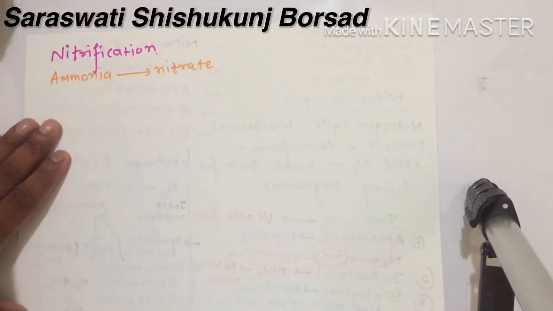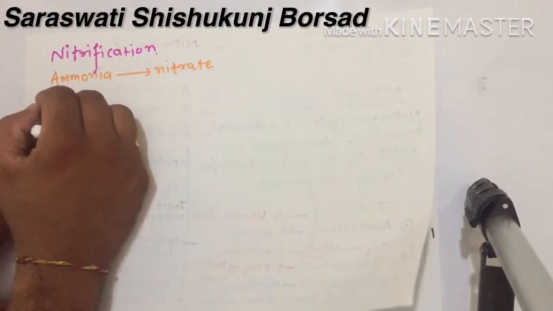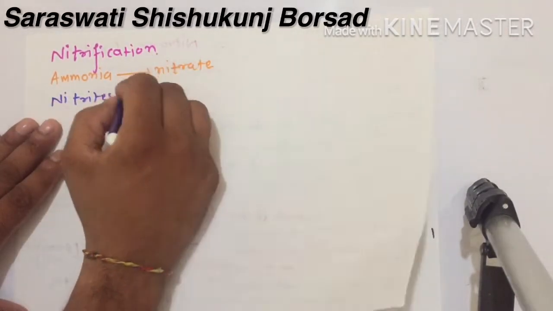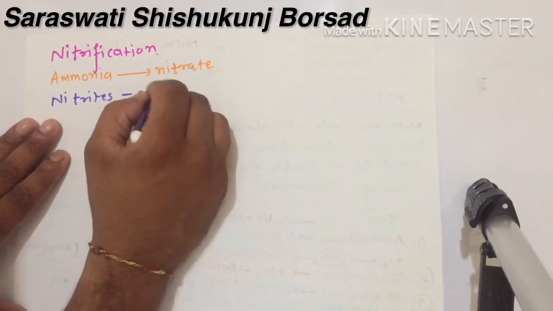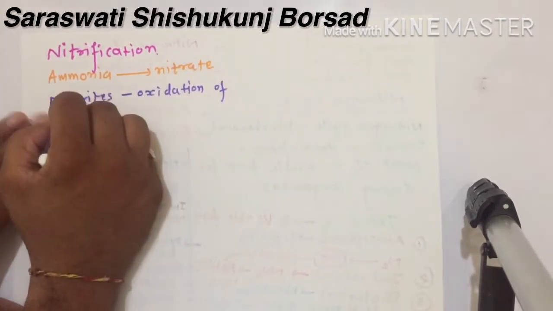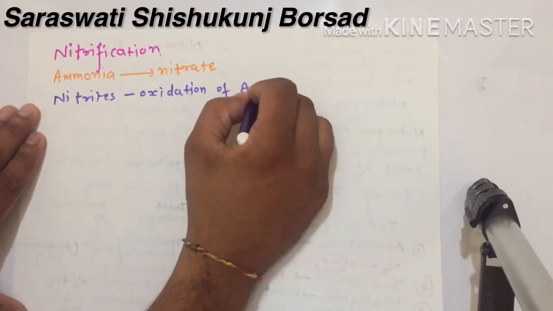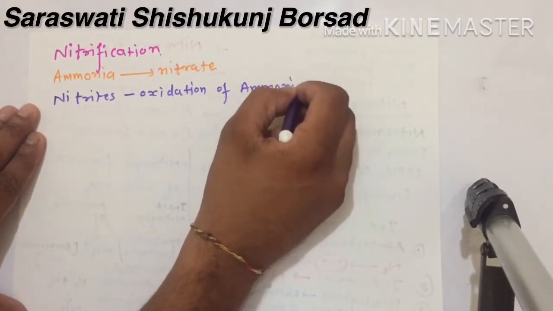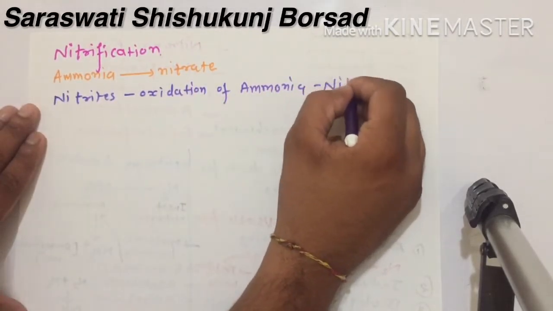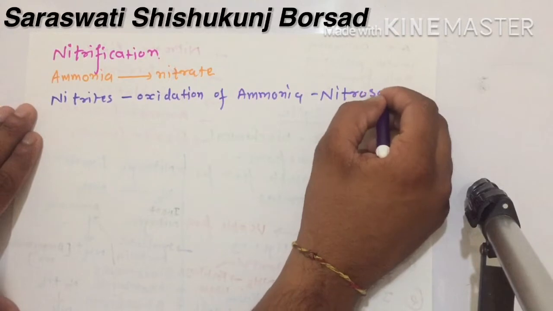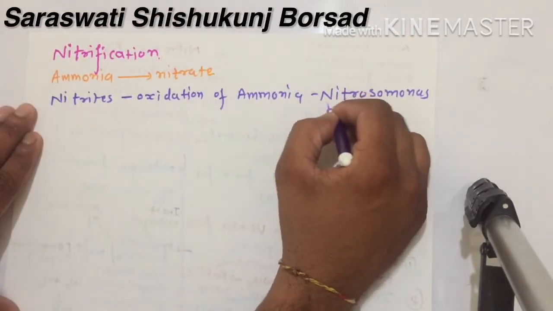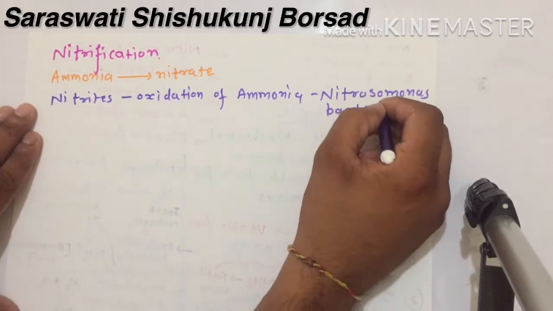See, nitrites are formed by oxidation of ammonia with the help of nitrosomonas bacteria.